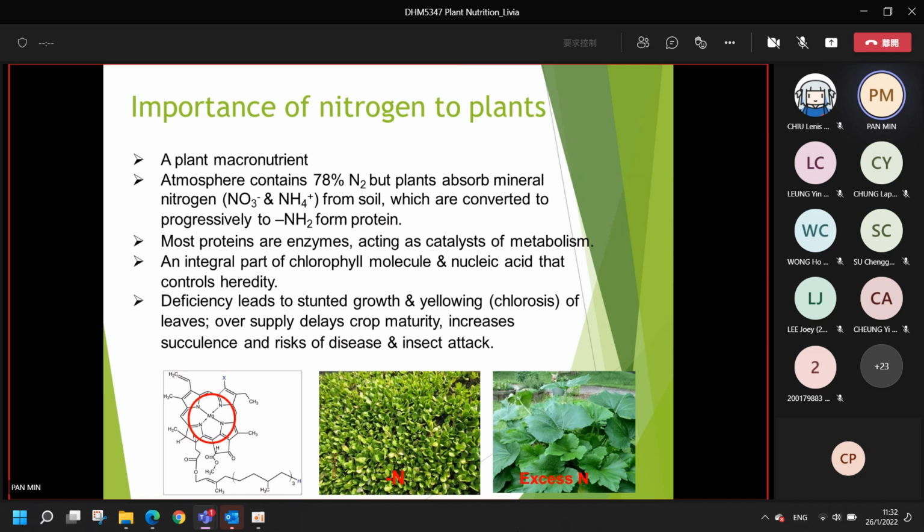With oversupply, there is decreased crop maturity, increased succulence and risk of disease and insect attack. Here you can see that too much nitrogen applied in the soil makes the plant shorter, increases the succulence, and more insects will attack the plants.